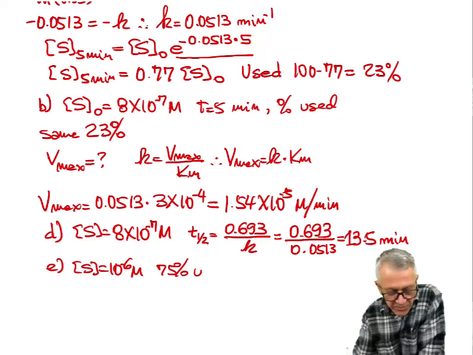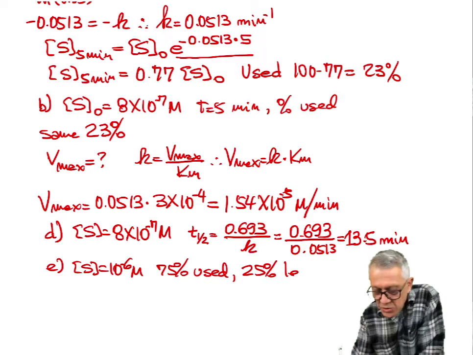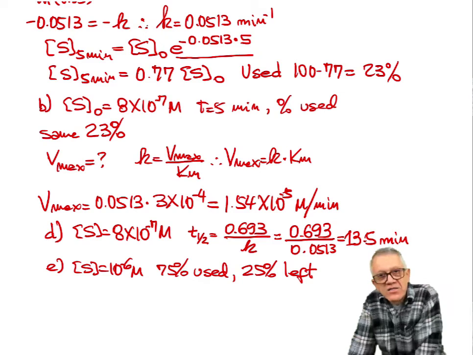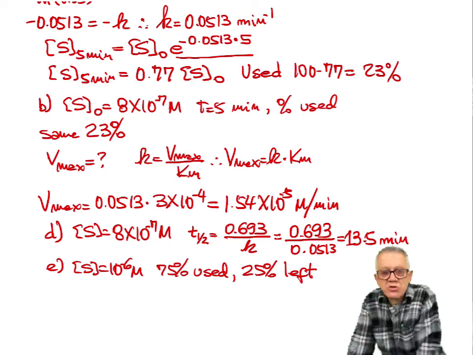Now, in part E, the concentration of S, the substrate, is 10 to the minus 6 molar, and we want the time for 75% of the substrate to be used, so only 25% is going to be left, right? Remember the formula we have: S equals S0 e to the power of negative kt. This is the concentration of substrate existing, not what was used.